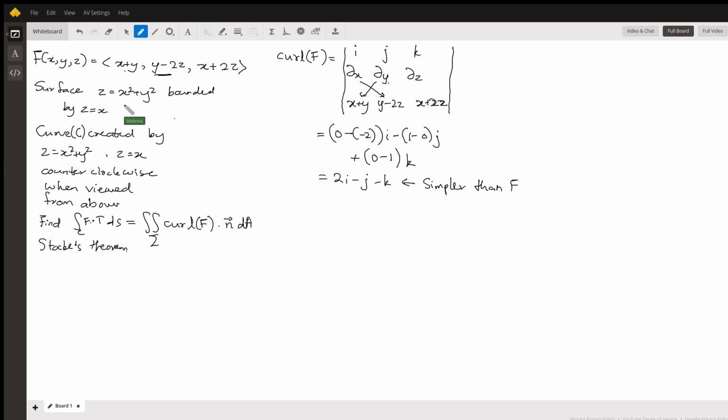So let's think about the parameterization. Now this sigma is the surface, so let's look at the surface we are talking about. Let me draw this. We have the z axis here, and we have the y axis here, and we have the x axis here.